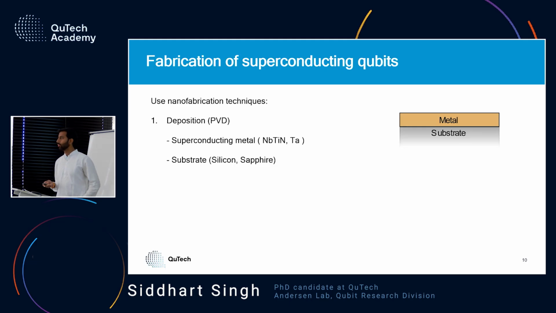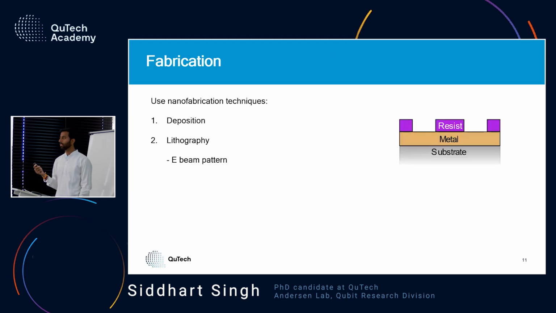And we deposit it using physical vapor deposition techniques like magnetron sputtering. Yes, so this is the first step, where you define your metal. Then second, you use electron beam lithography or optical lithography. And then you define your pattern in the resist.